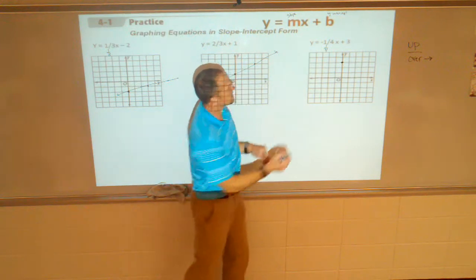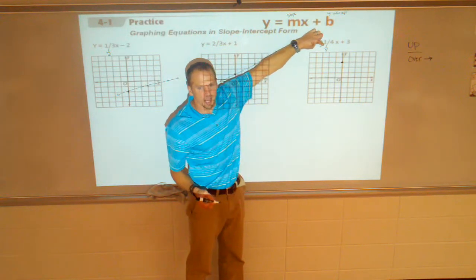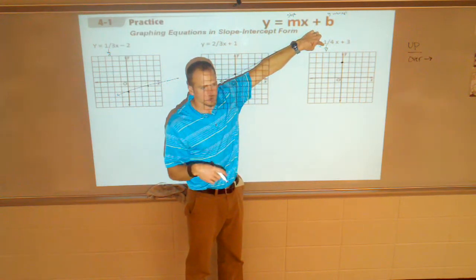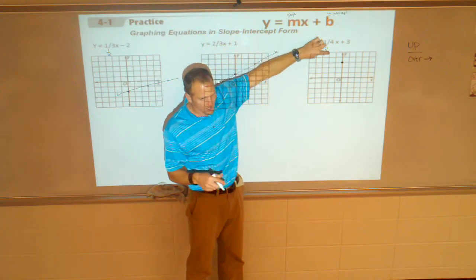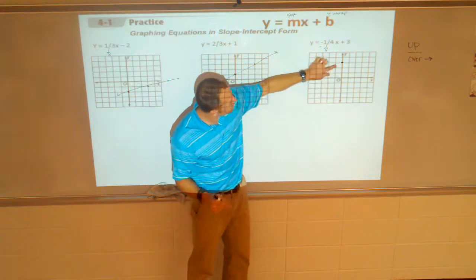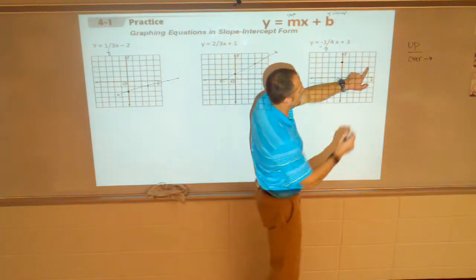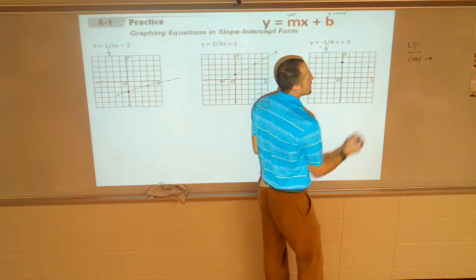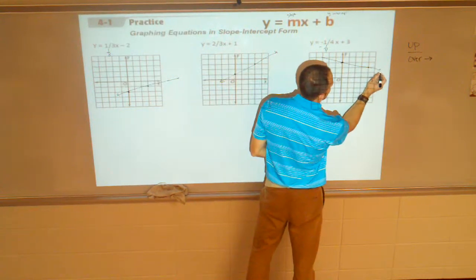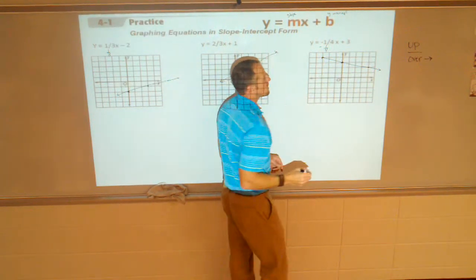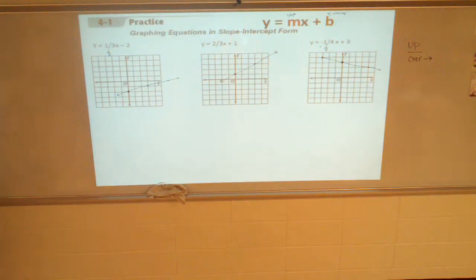If your slope is negative, instead of up, it means down. So down 1 over 4. And again, over is always to the right. So from your y-intercept, down 1 over 4. This graph doesn't have enough room to make another one. So right there is our line: y equals negative 1/4 x plus 3.